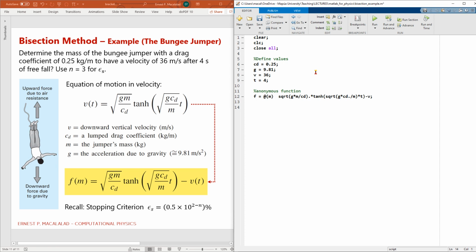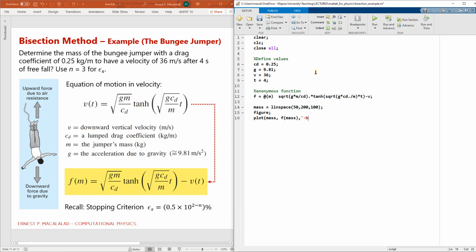Let's plot right now. Let's define a series of masses, let's say from 50 to 200, and let's set 100 points in between those two values. Let's type in figure and then plot the mass and then f as a function of mass.